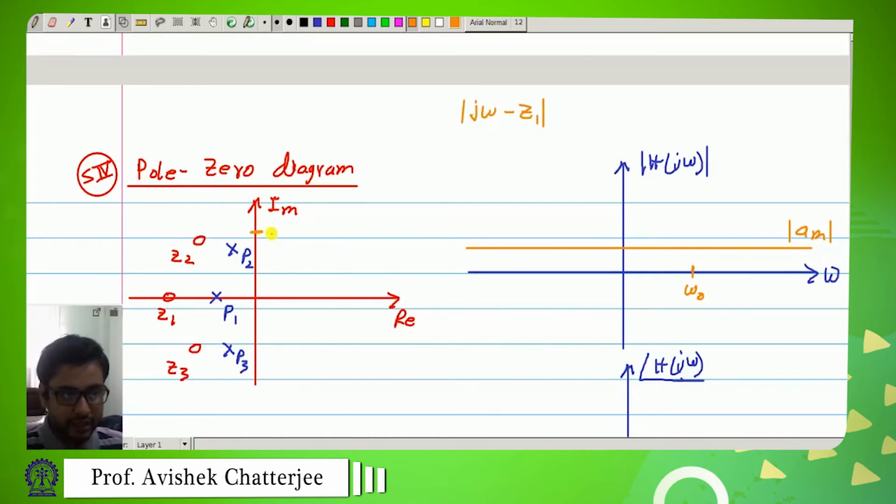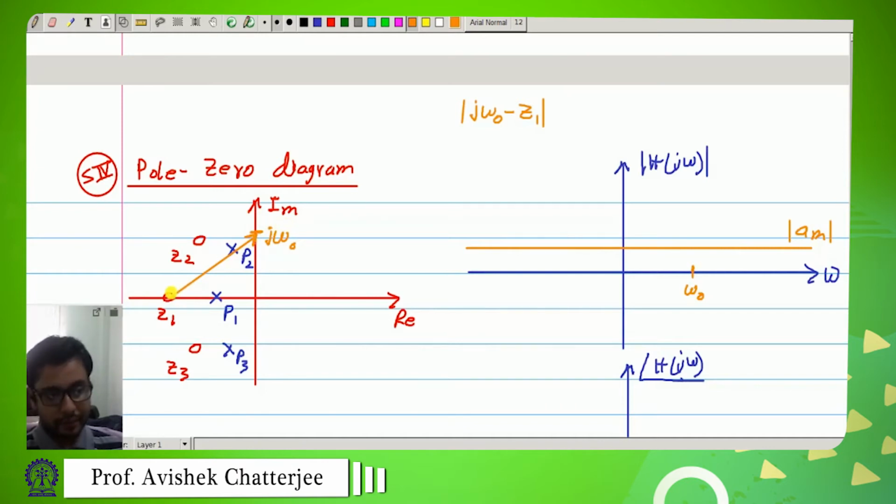Suppose this point represents j omega naught. Then the magnitude at this point will be j omega naught minus z1, and this quantity is represented by this vector starting from z1 up to j omega naught. This vector is j omega naught minus z1, and the mod of that is the length of this vector.